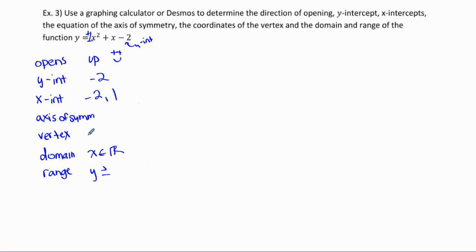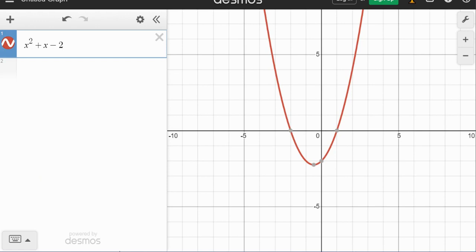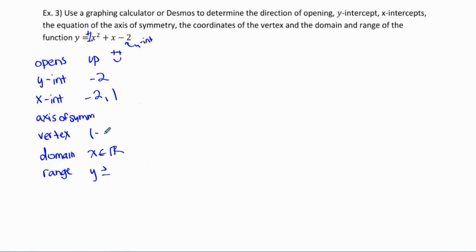The equation of my axis of symmetry I can tell from wherever my vertex is. My vertex is right here down at the bottom at -0.5, -2.25. The equation of my axis of symmetry is going to cut through wherever my x point is, so -0.5. So my equation is x equals -0.5.